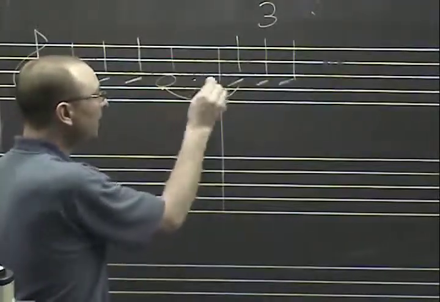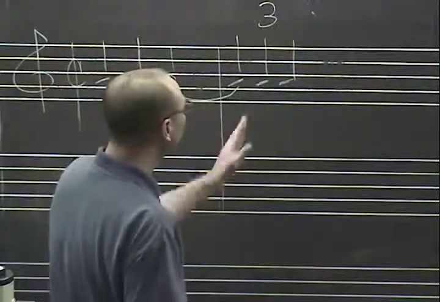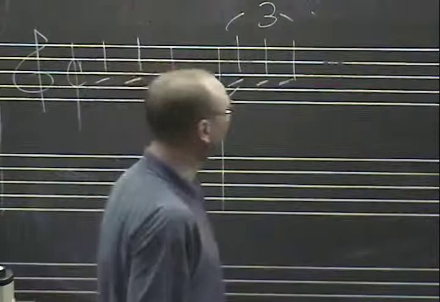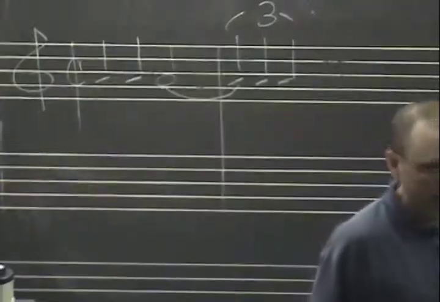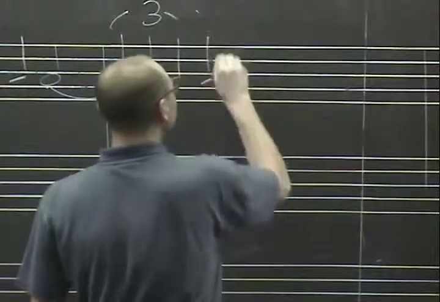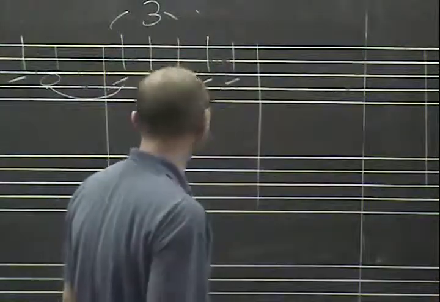So we have 2 quarter notes as part of a quarter note triplet. The second half of the same measure, 2 quarter notes.